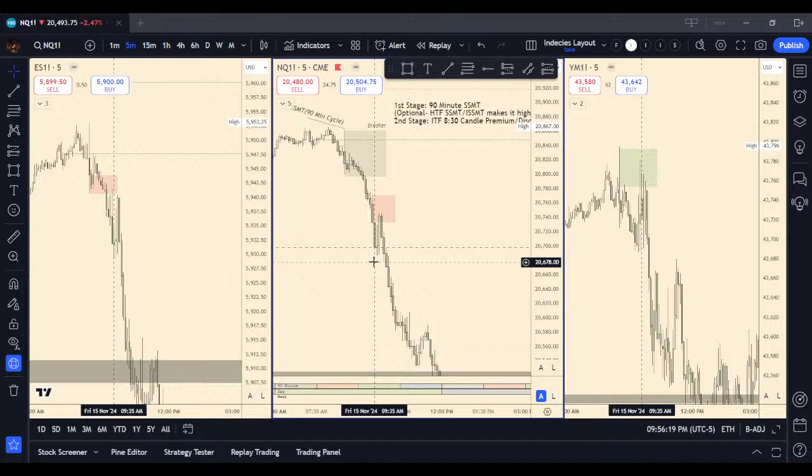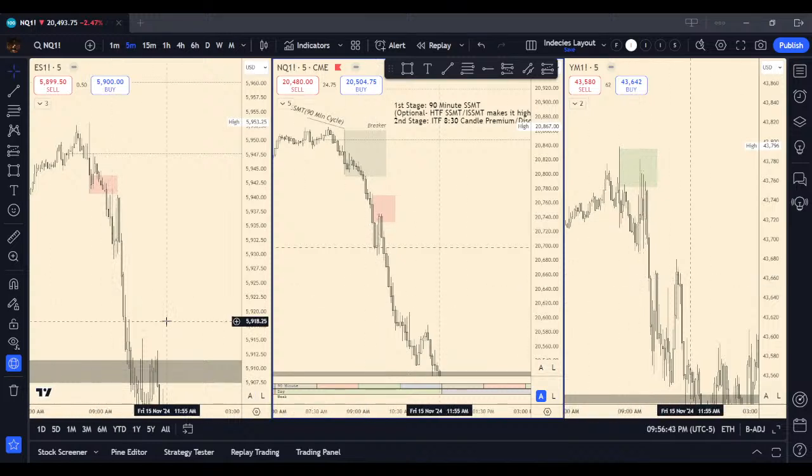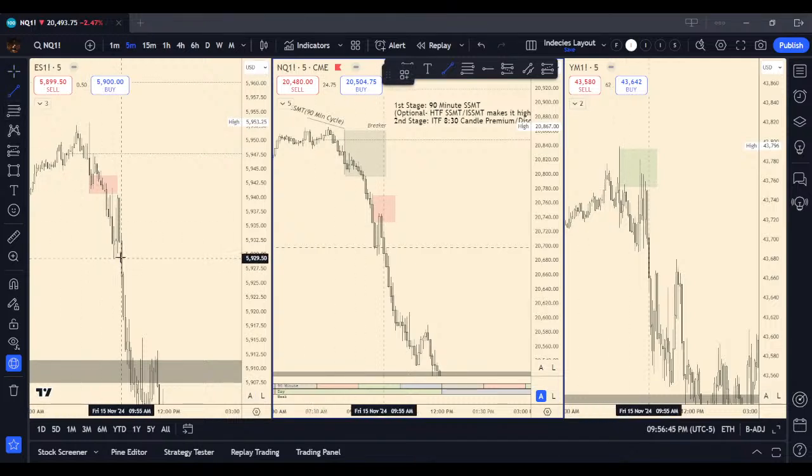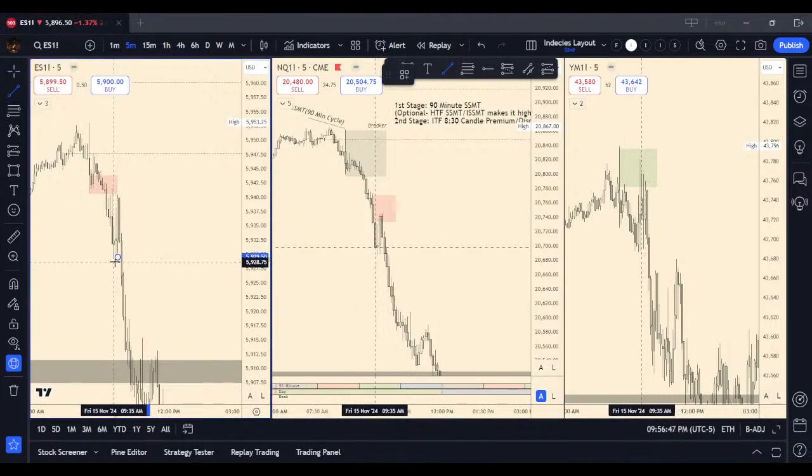You have a lower low, higher low, lower low, and then here you have a higher low, lower low, and then a lower high. So yeah, this is a microcycle sequence. So this is actually a market structure shift, an SMT market structure shift. Yeah, this right here.